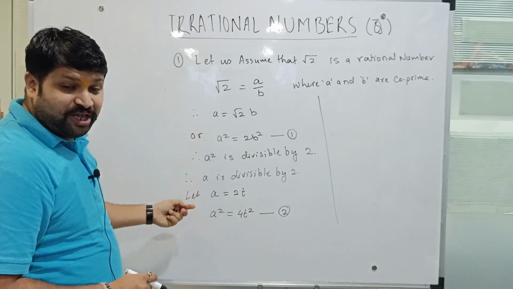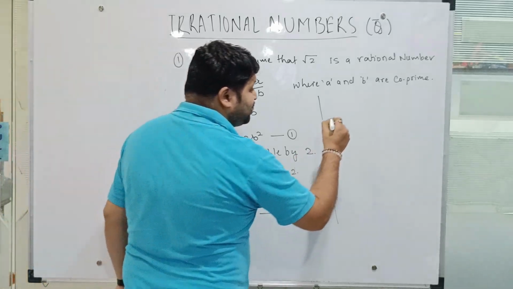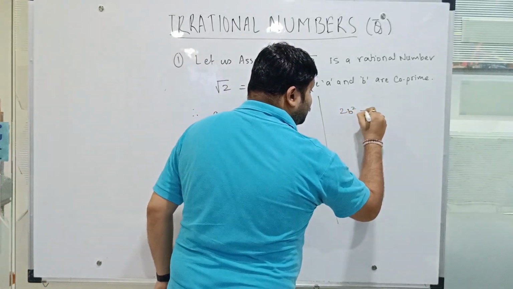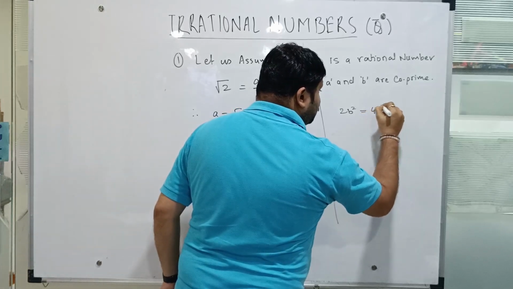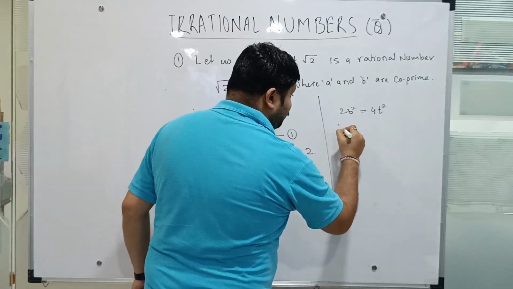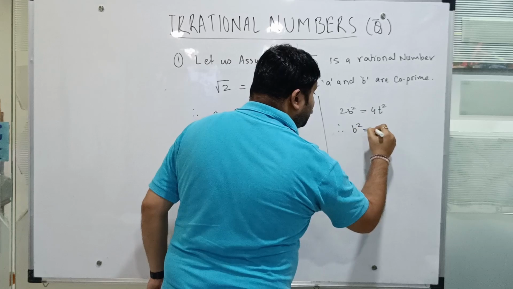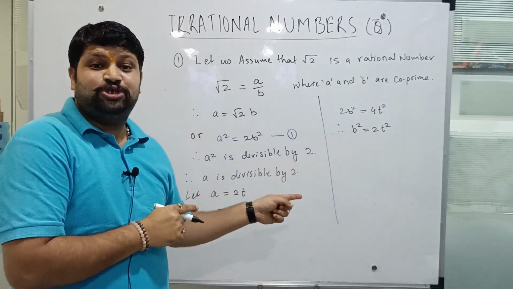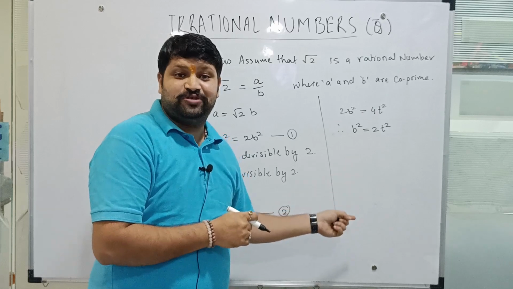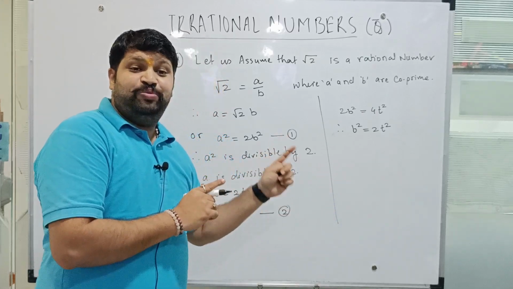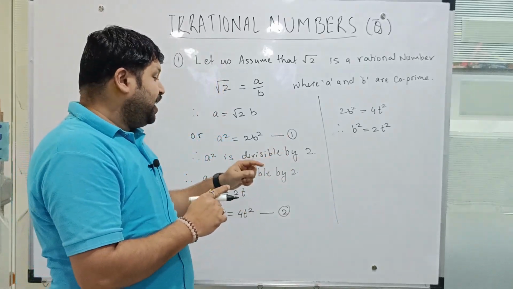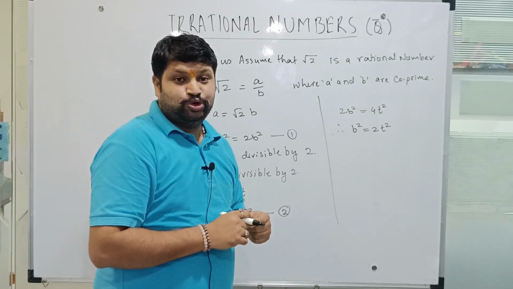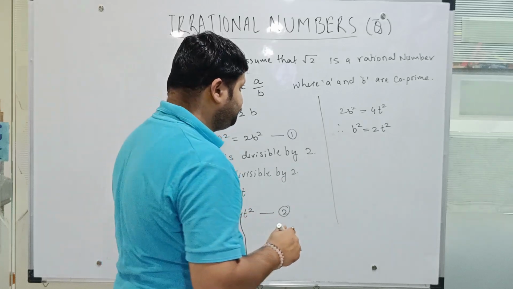Since both of them are equal to a square, I can say that 2b square is equal to 4t square. Therefore b square will be equal to 2t square, which means b square is also an even number and divisible by 2. And if b square is divisible by 2, I can say that b is also divisible by 2.